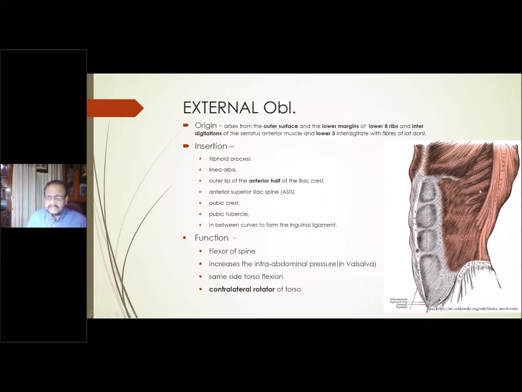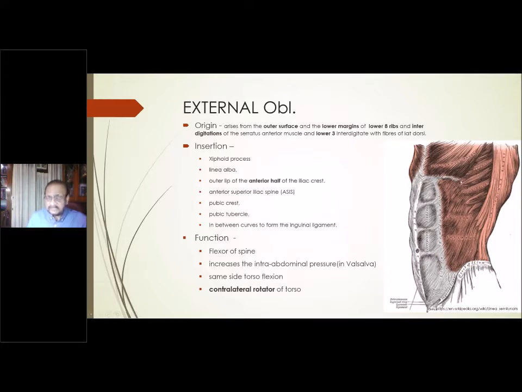Now it is inserted going downwards and medially. So starting from the sternum, the whole of the linea alba, and then it forms the inguinal ligament between the anterior superior iliac spine and the pubic symphysis, and over the crest of the iliac bone, and the pubic tubercle here. So in between these two, as I said earlier, it forms the inguinal ligament.